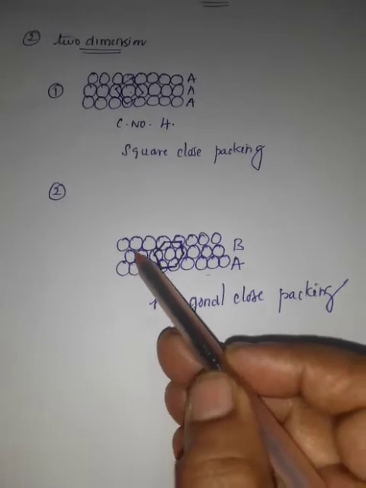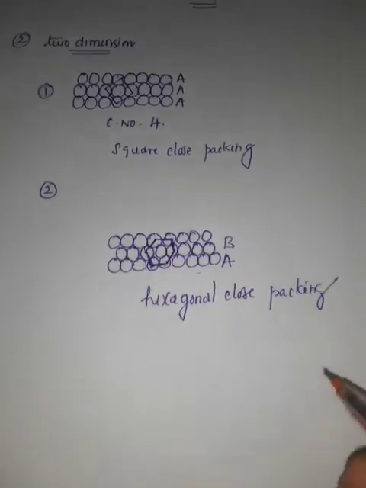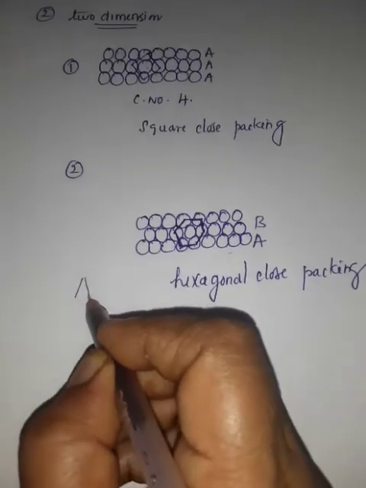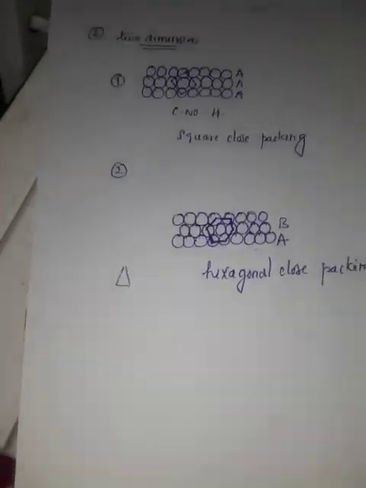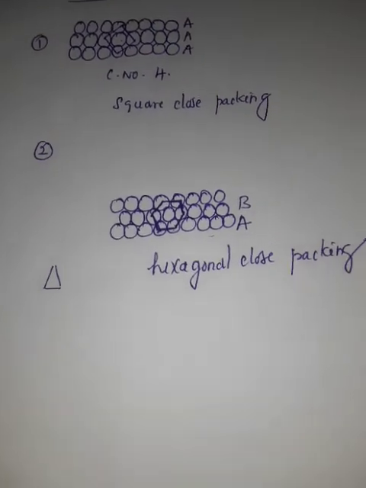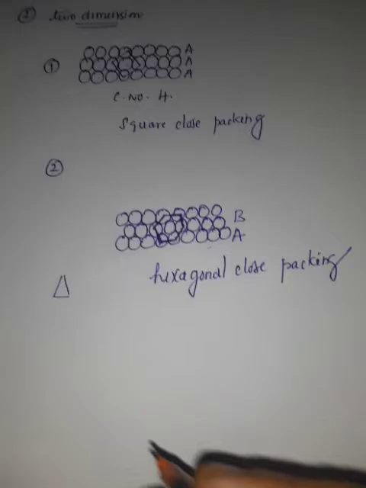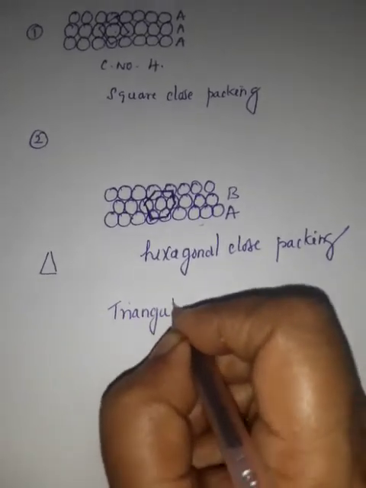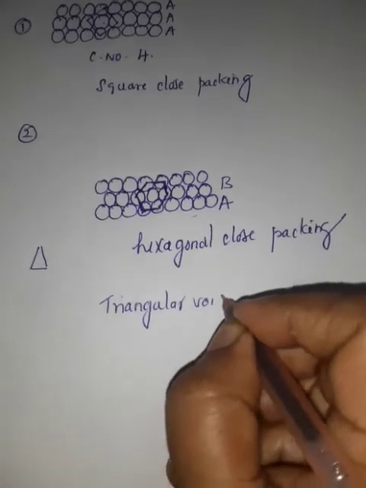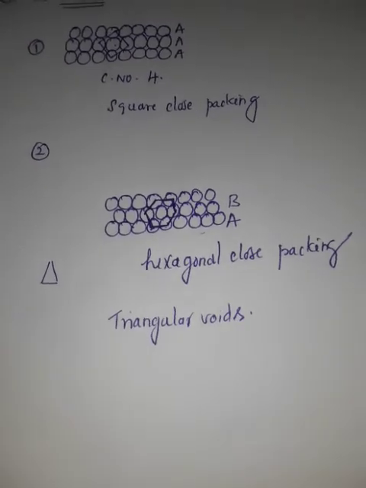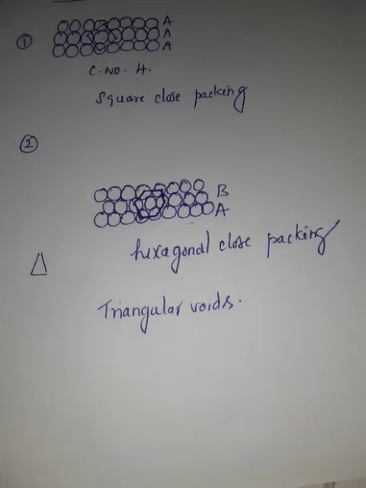Voids in triangular shape like this are called triangular voids. The triangular voids are of 2 types here.